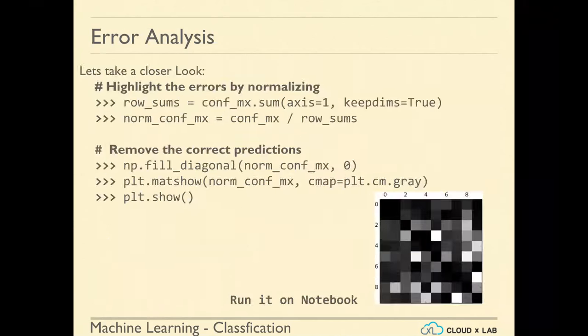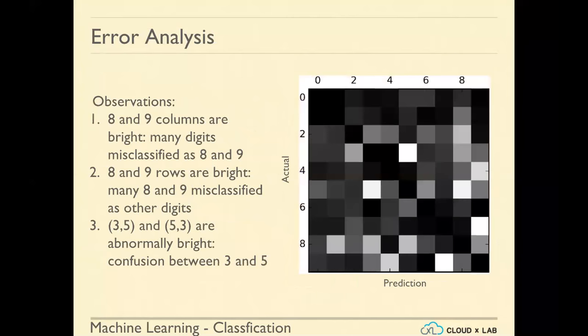Here, after normalizing per row, this is how it looked. For those who did not attend yesterday's session, from the MNIST database, we did the multi-class classification.